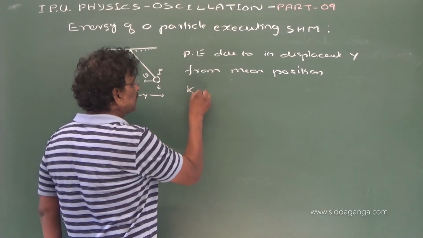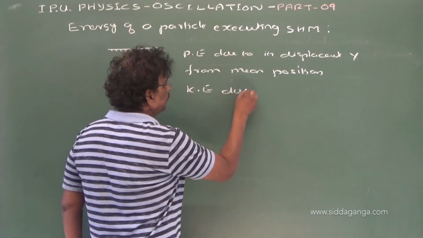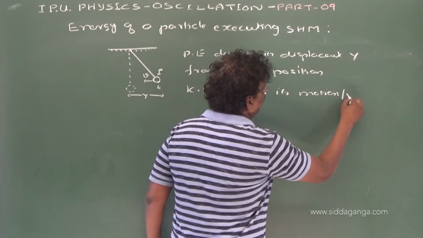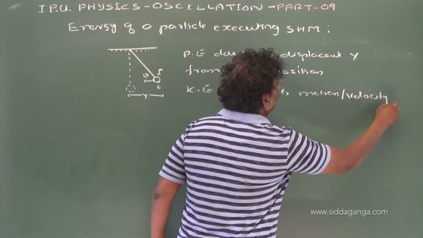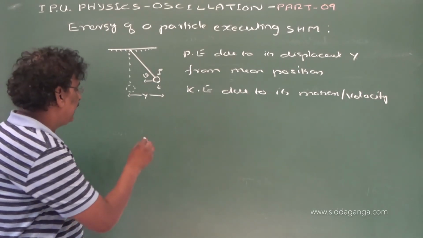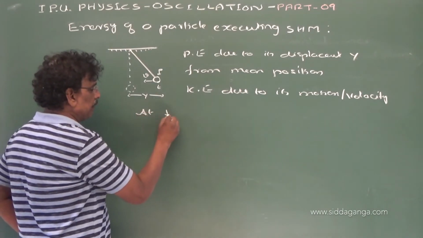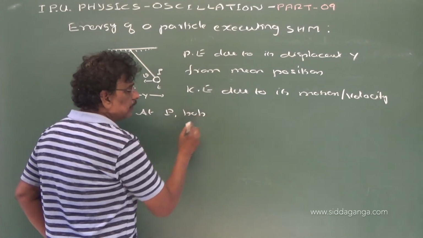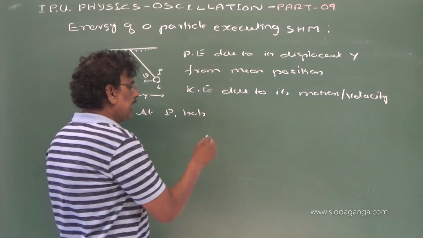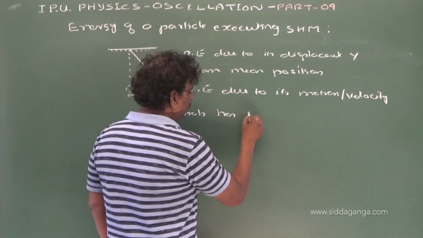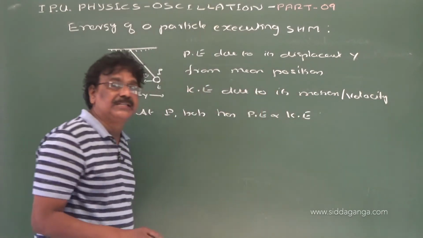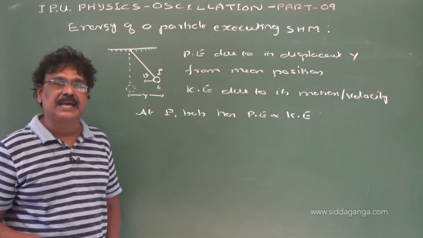The bob also possesses kinetic energy due to its motion or velocity. That means it has both potential energy and kinetic energy at P. A bob or any particle having simple harmonic motion in general has potential energy and kinetic energy.